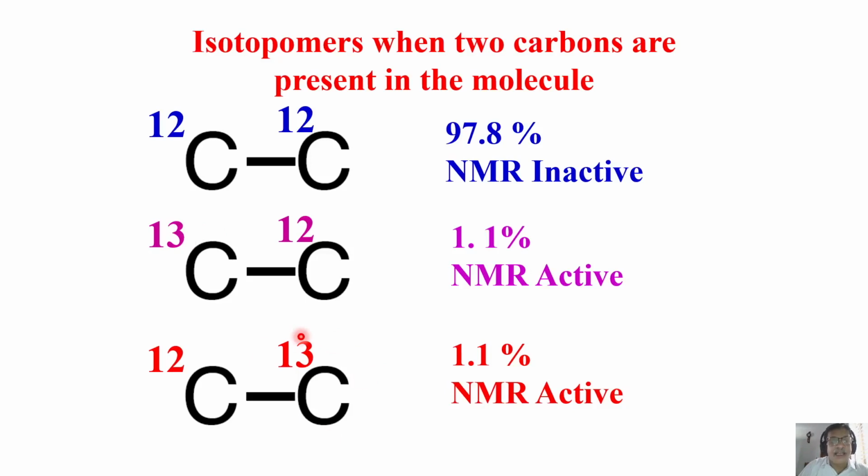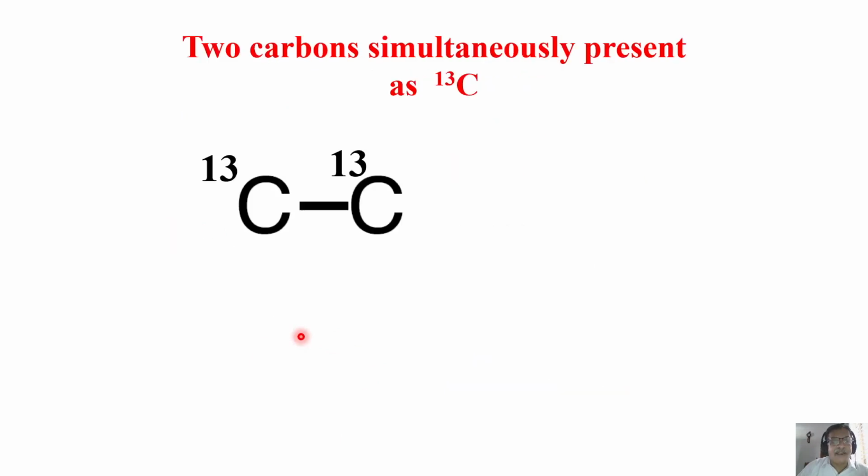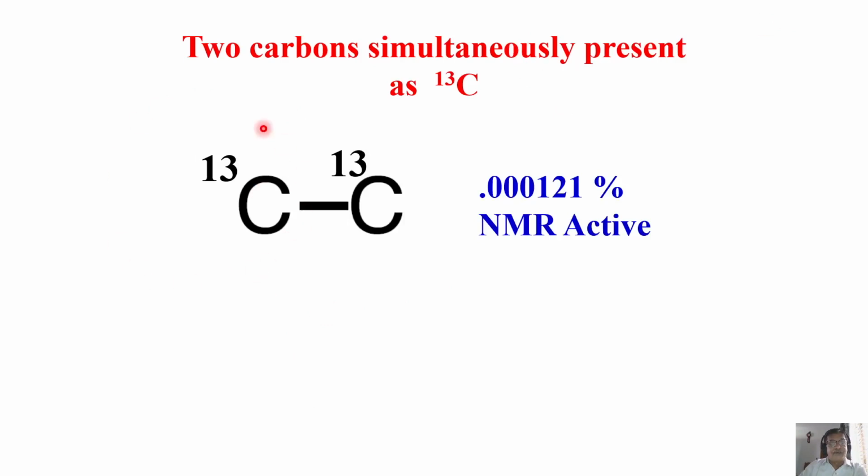You may ask me a question. What is the other probability when both are carbon 13? Sure. Both are NMR active. Now, what is the abundance of this? This is 1%, 1 in 100. This is 1 in 100. Together, the joint probability is always a product. 1 over 100 into 1 over 100, 1 over 10,000.